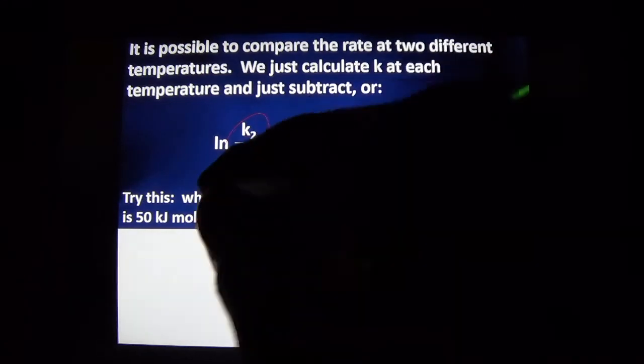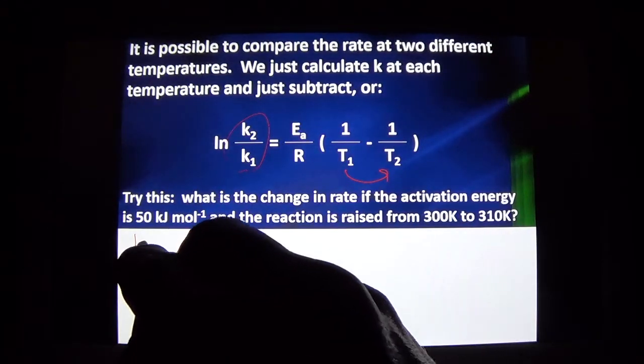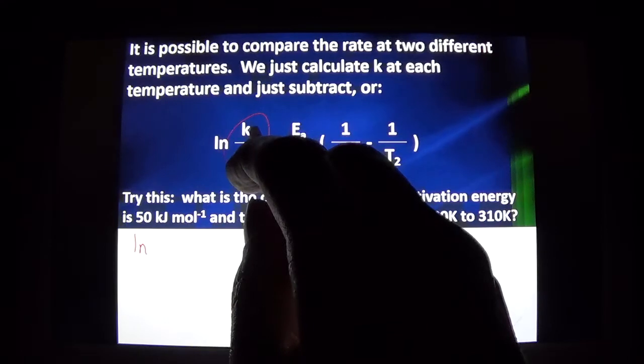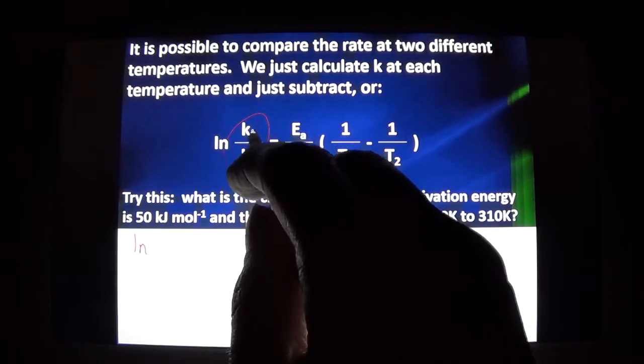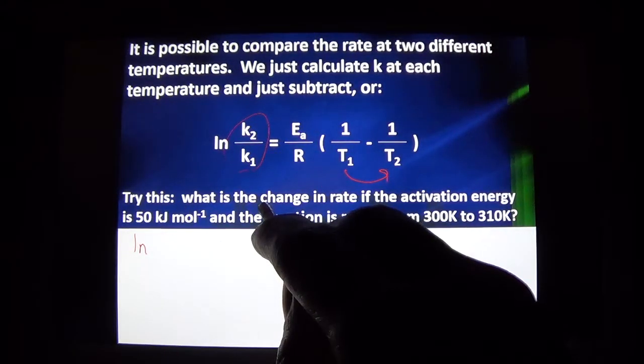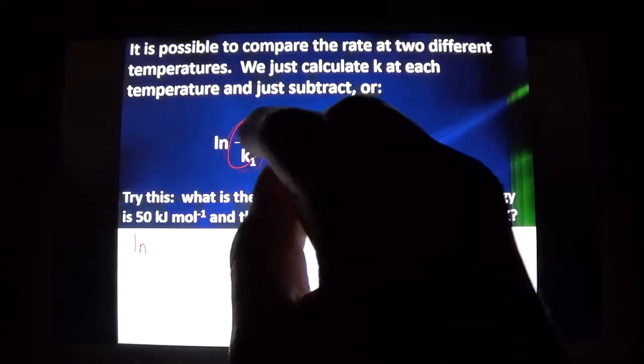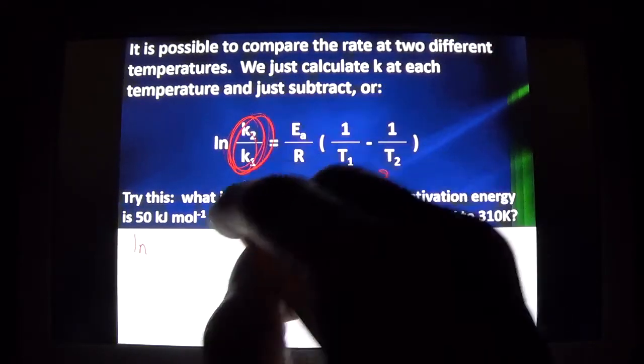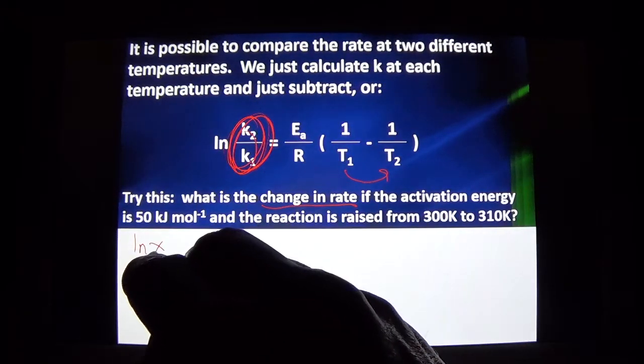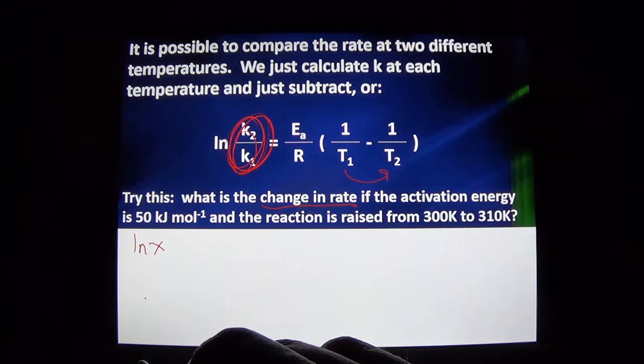So let's give this a try. The natural log of, now K2 and K1 is the two rates. And I'm asked for the change in rate. So I'm actually looking for that whole fraction. So if you don't mind, I'd like to simplify that to x.